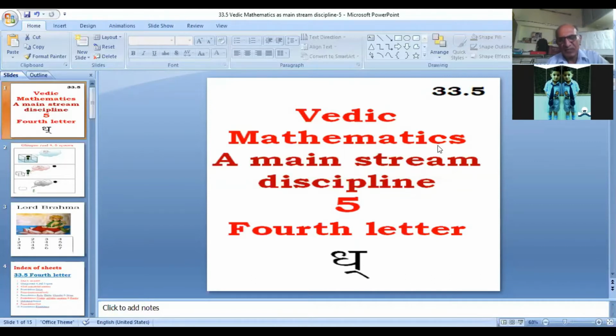It is in terms of this fixation of this letter, the fourth letter Dha, at the cross point of the fourth column and fourth row. In other words, letter Dha is the fourth letter of the fourth column, and it is also the fourth letter of the fourth row of 5 cross 5 Varga consonants. Its TC value is 7.